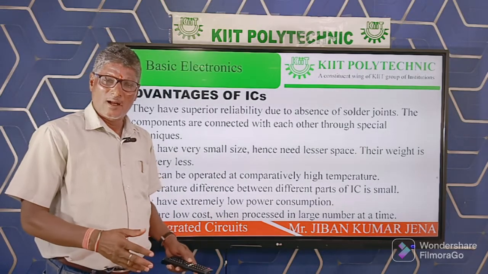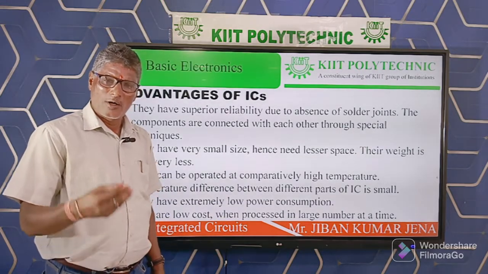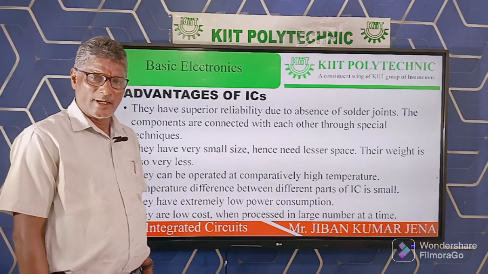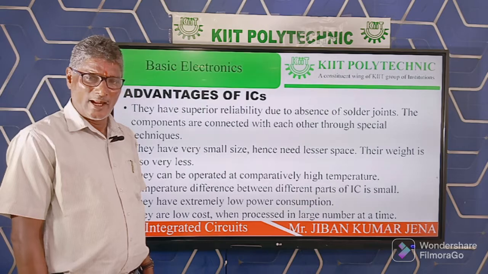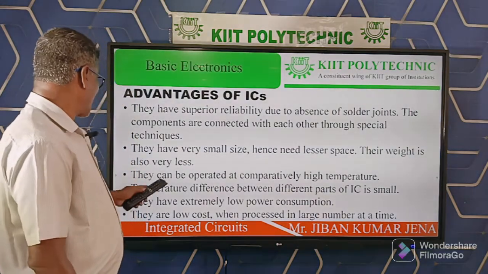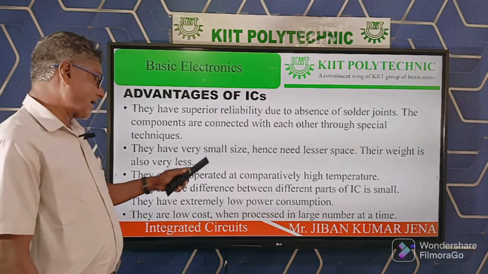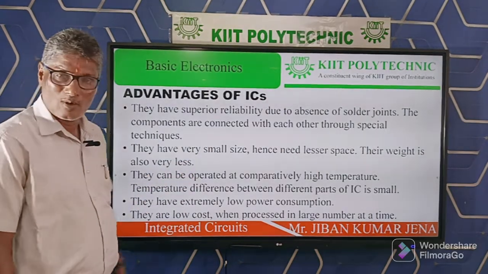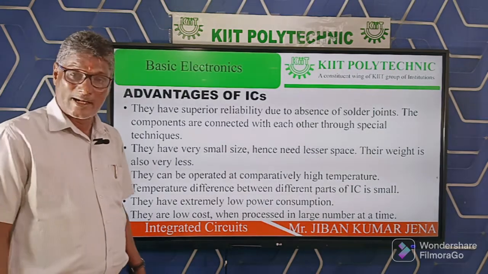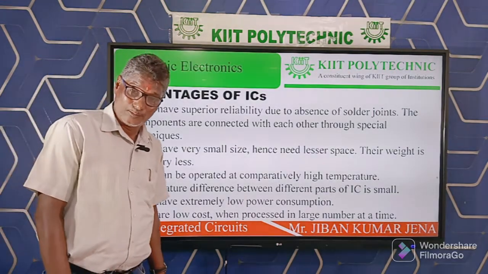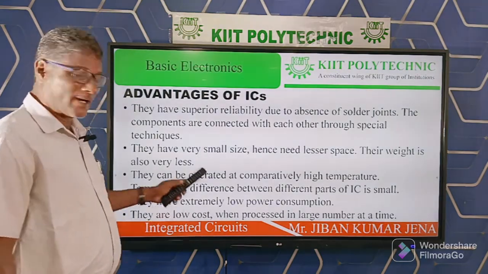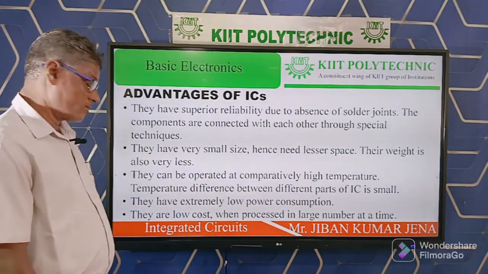So it is an advantage of your IC over a discrete circuit. Next, they can be operated even at high temperature. The IC can be functioned. This is the advantage or merit point of an IC.